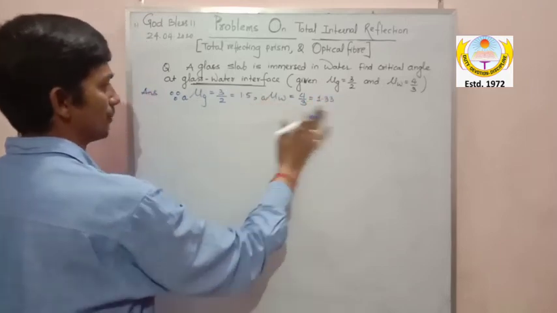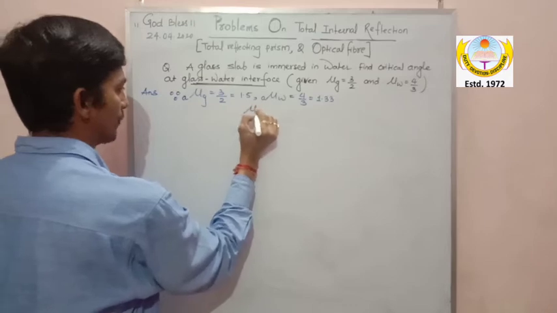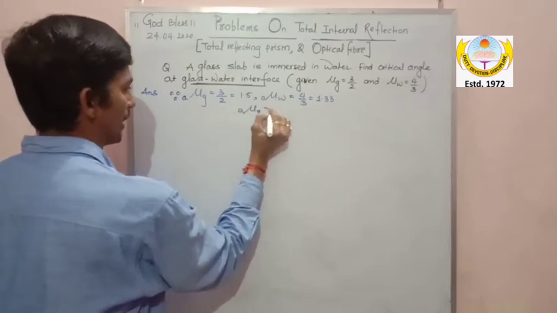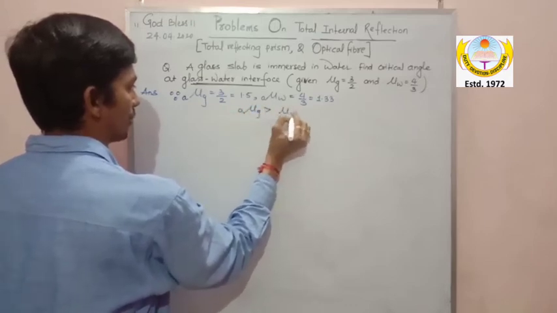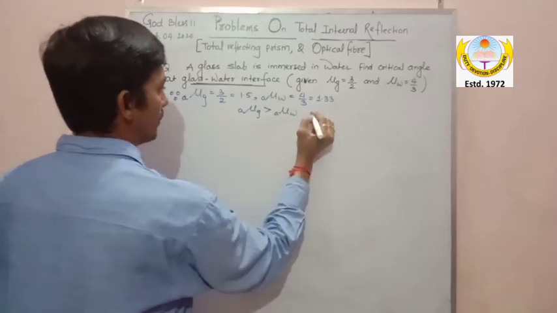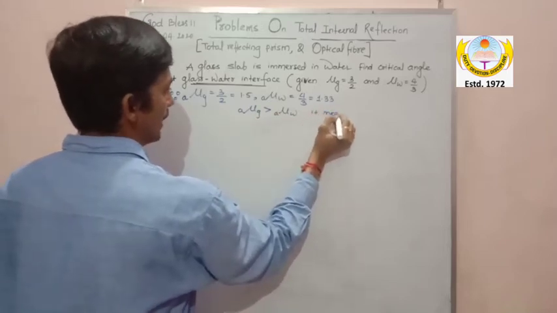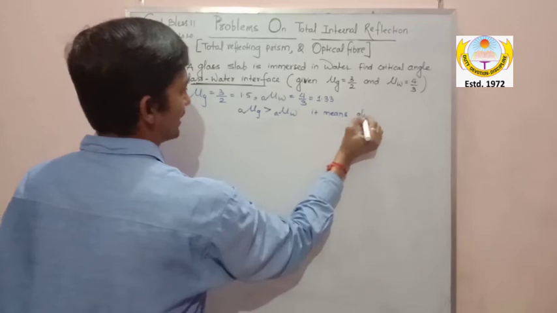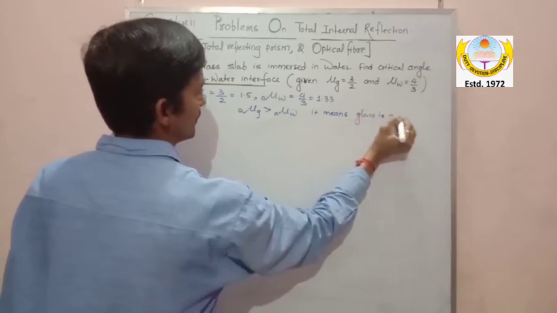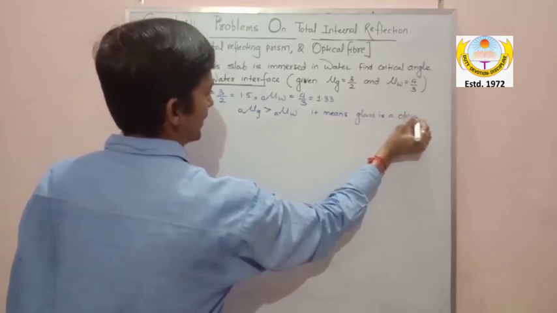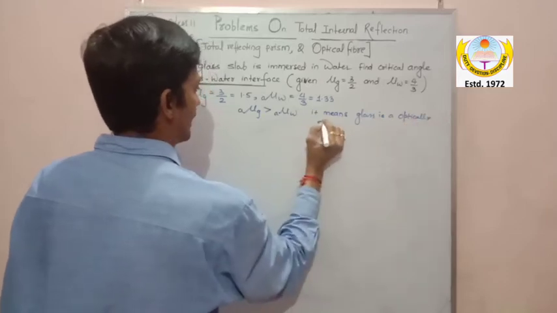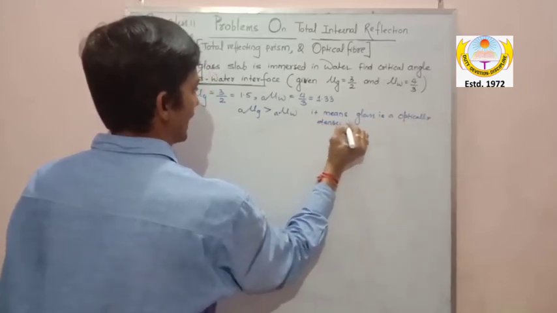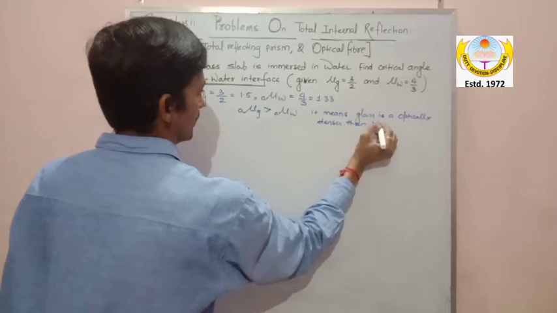You all know this. Now from here you can see the refractive index of glass with respect to air is greater than the refractive index of water with respect to air. It means glass is optically denser than water.